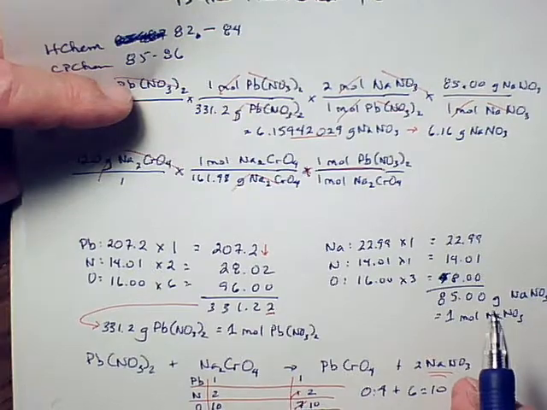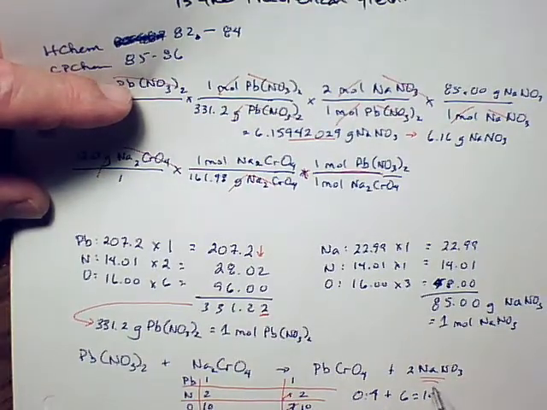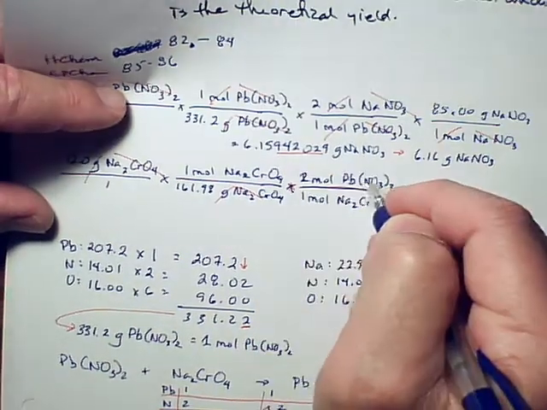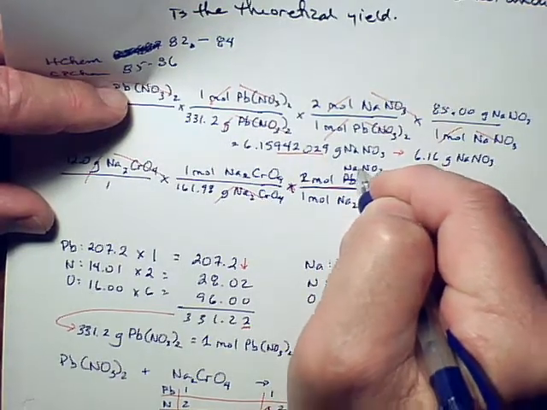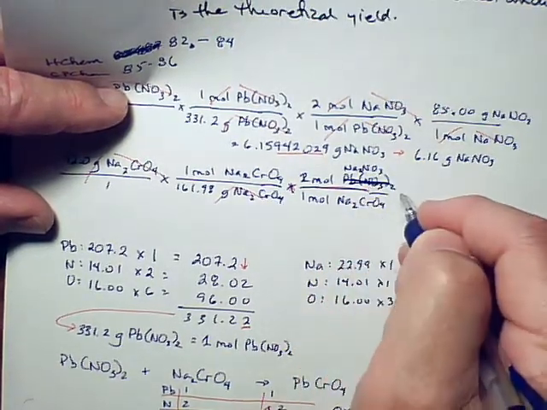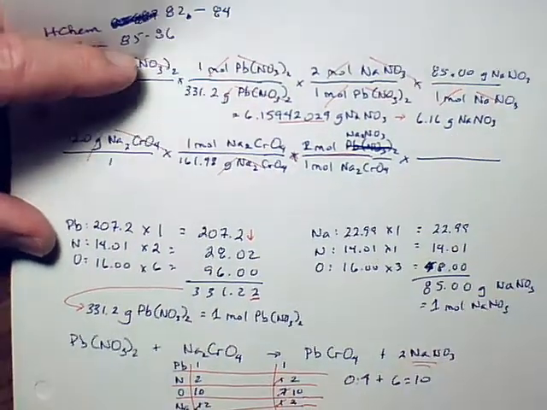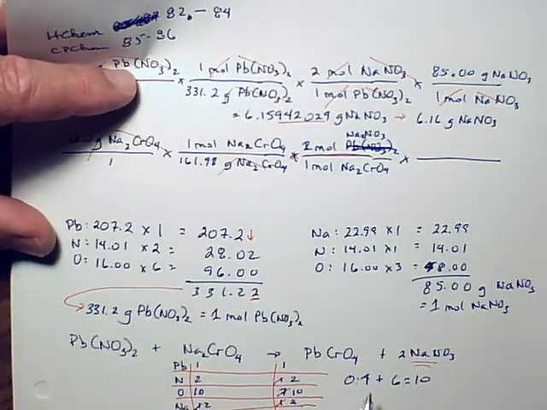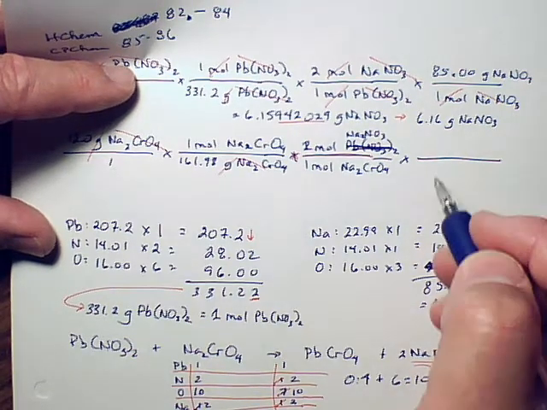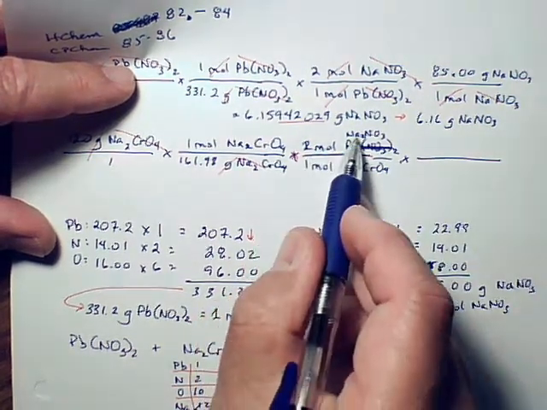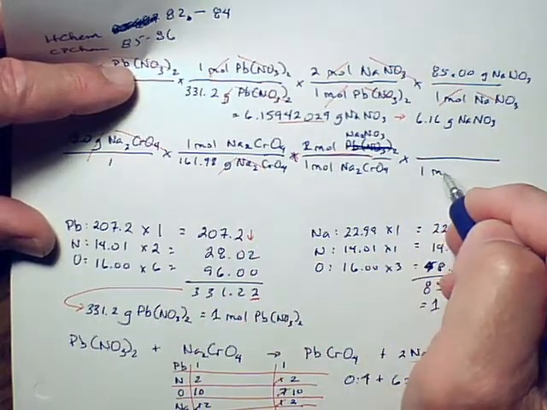What's the secret to lead nitrate? Oh, I don't know. I want to go to sodium nitrate, don't I? 2 moles of sodium nitrate. That's right. I don't know why I was going to the other one. All right, and then we want to do the mass of sodium nitrate, or the molar mass of sodium nitrate. We already have that. So we're going to put the 1 mole on the bottom to match the units and species here.